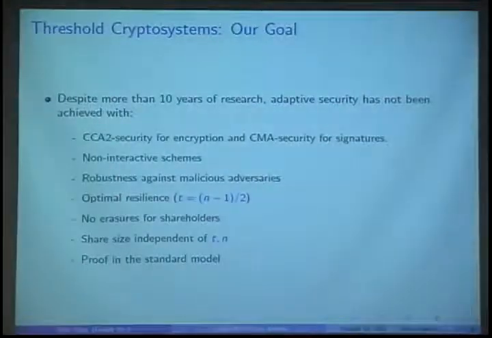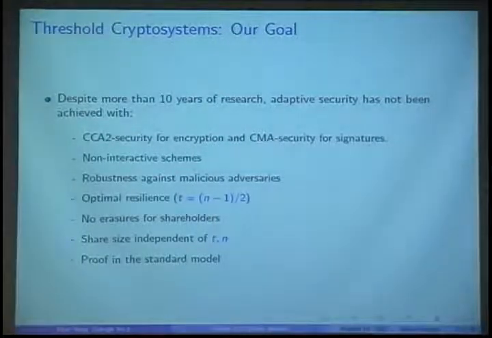But despite all this effort and other effort which I didn't mention, in the last 10 years there was not really a threshold cryptosystem that fulfills all the extreme conditions. Let's say it's a decryption system: we want chosen ciphertext security, we want adaptive corruption, and of course a non-interactive scheme, non-interactive meaning that the shareholders just get the message and produce a result, and this is combined.